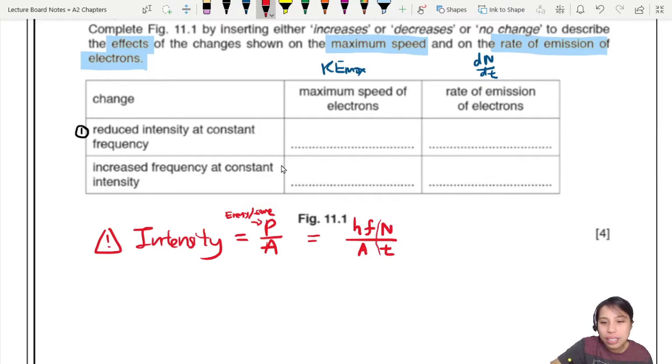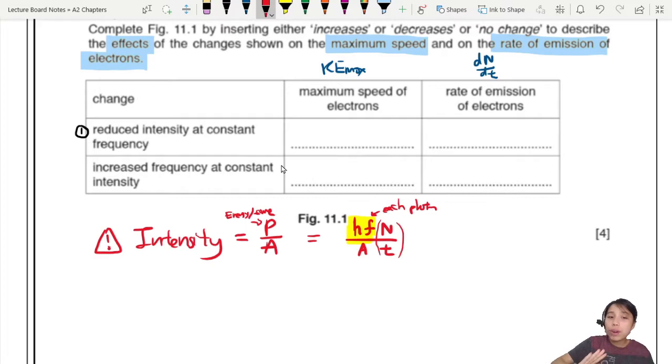So dN/dt is this part. hf is each photon, and a certain rate of them coming out over a certain area. This equation is not in A levels, but somehow they will ask questions that relate to this. If you knew this equation, you'd be able to think through it more carefully.